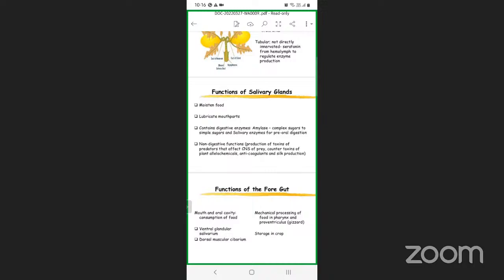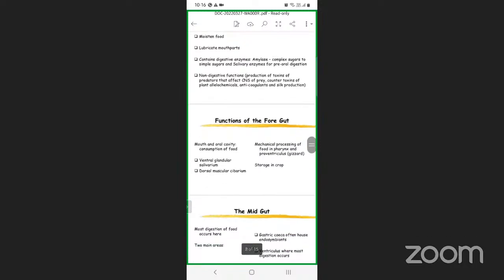There are also non-digestive functions like toxins of predators that affect the CNS of prey, countertoxins of plant allelochemicals, anticoagulants and silk production. These also happen with the salivary glands, which help insects do their particular functions.